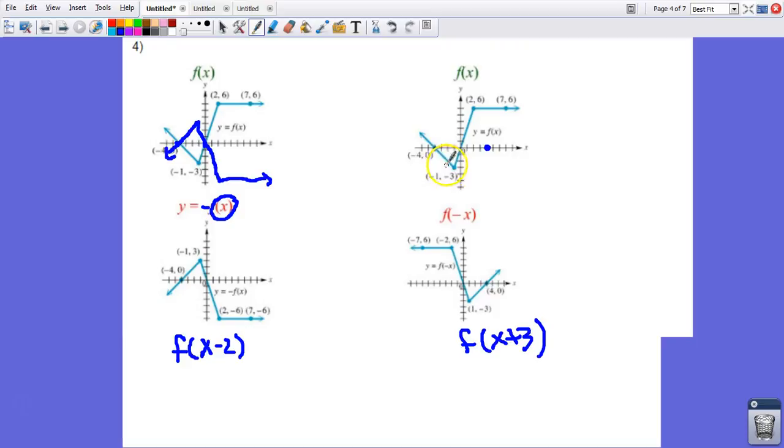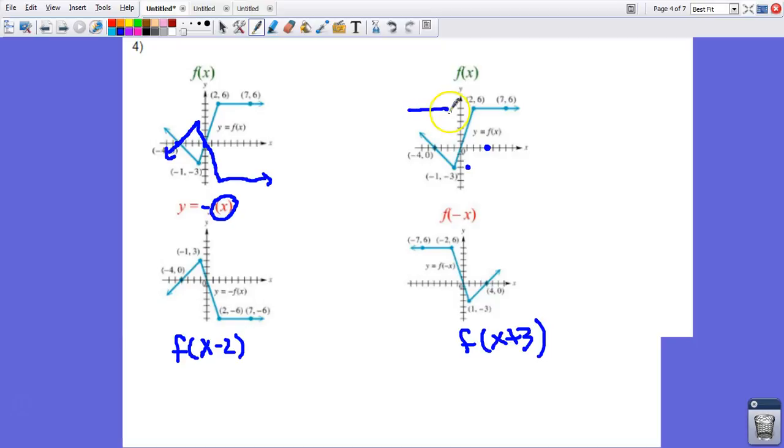Then instead of negative 1, negative 3, it's going to be positive 1, negative 3. Okay. And instead of 2, 6, it's going to be negative 2, 6.